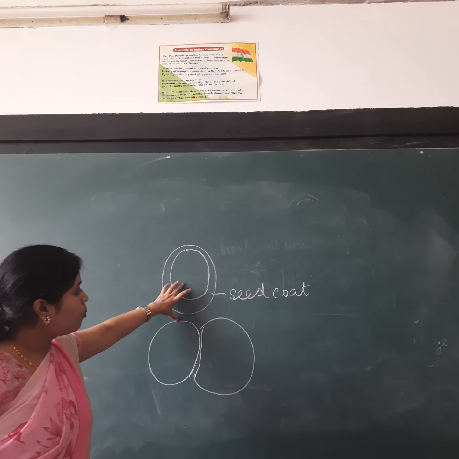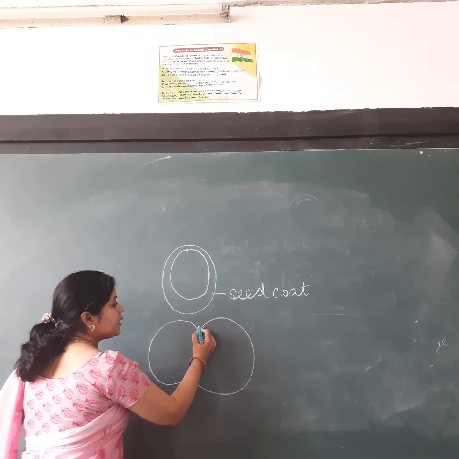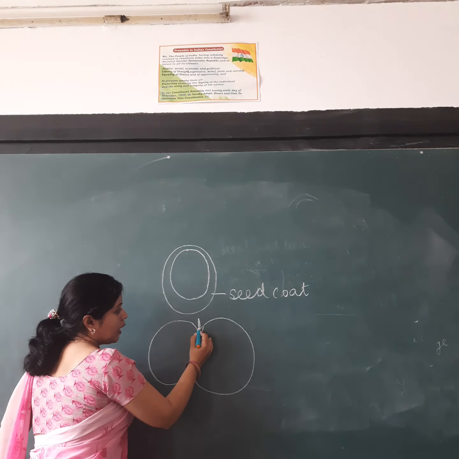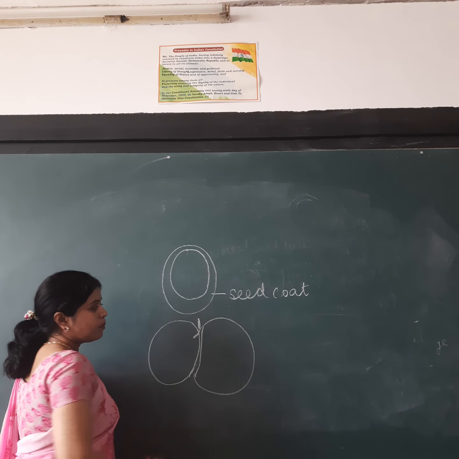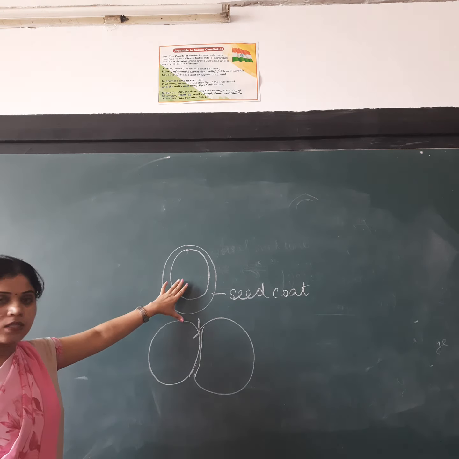If I cut open this gram seed, I can see a small part developing here and another part which is developing in the downward direction. So what are the parts of the seed?